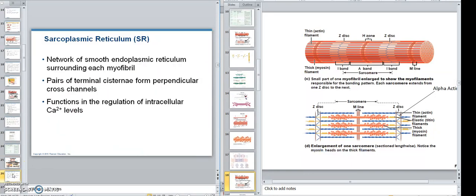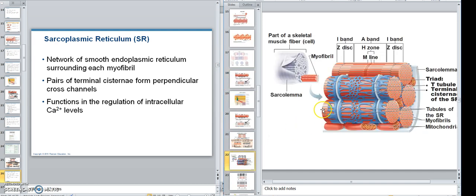Okay. Now we come to the sarcoplasmic reticulum. So now I need to go inside a muscle cell. The sarcoplasmic reticulum is really the smooth endoplasmic reticulum in skeletal muscle. It is a maze of channels.